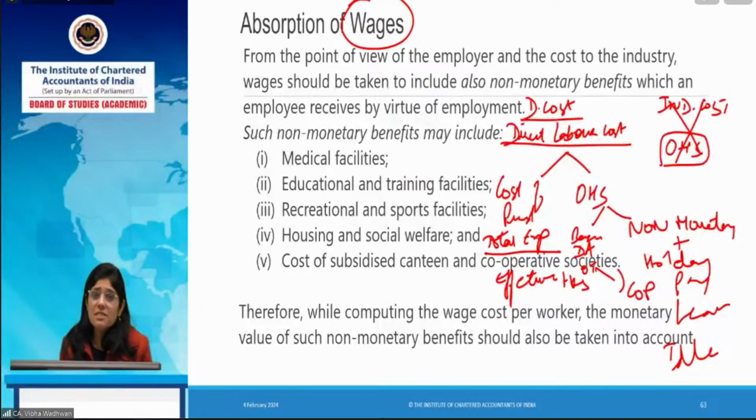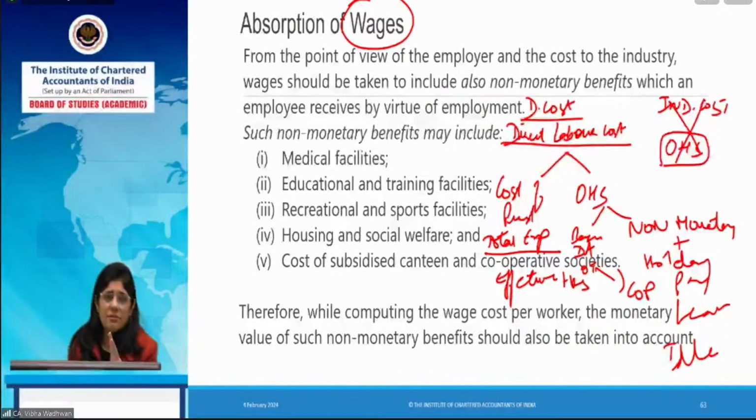Effective hours means the actual hours worked. उसमें से टोटल आवर्स में से आप हॉलीडे लेस कर दो, लीव के डेज लेस कर दो, आइडल टाइम के आवर्स लेस कर दो, टोटल इफेक्टिव आवर्स जितने प्रोडक्टिव आवर्स हैं उसको लेस करो. So you will calculate the rate per hour. तो rate per hour higher आएगा. That means everything will be absorbed through rate per hour and it will be absorbed in the cost of production.